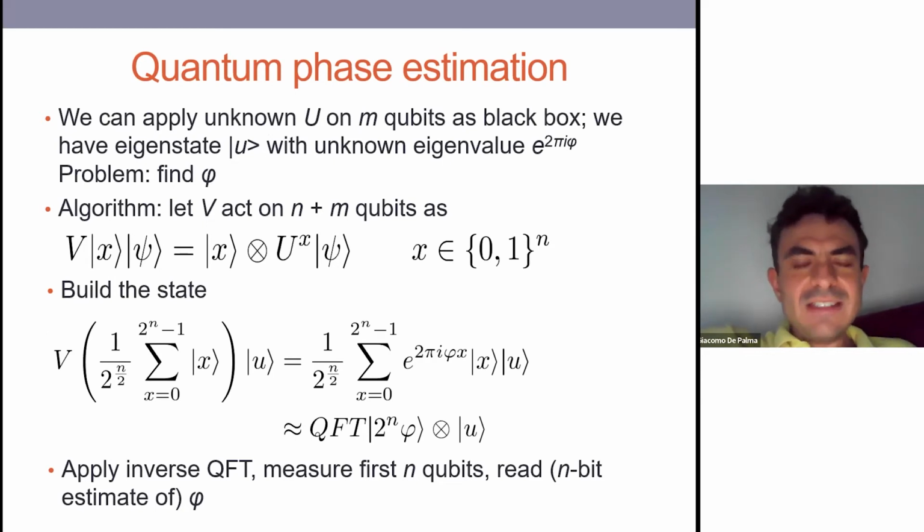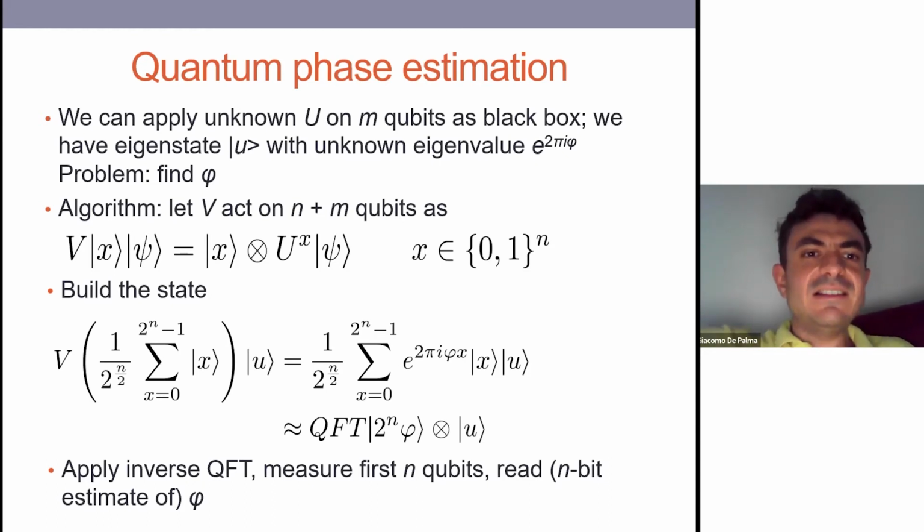This application is a bit tricky because first you would have to encode your function in a quantum state, and then you need to read out the result, because you will have a Fourier transform that's encoded in the amplitude of a quantum state that you are not allowed to read directly, but you have to perform measurements to read this amplitude.